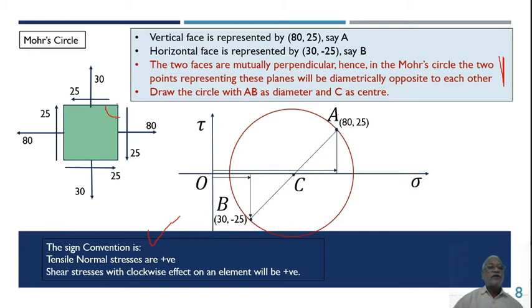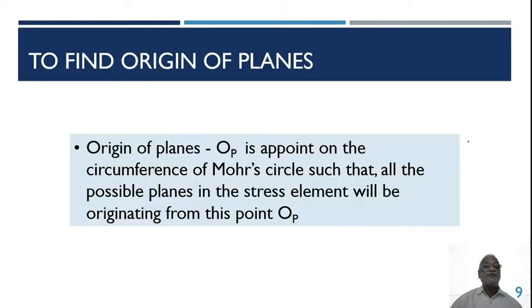Because they are perpendicular to each other, they represent a diameter. And when you have a diameter, this will be the center of the circle, because we have already seen that the Mohr circle is symmetrical about the sigma axis or normal stress axis. Because of that, the circle can be drawn.